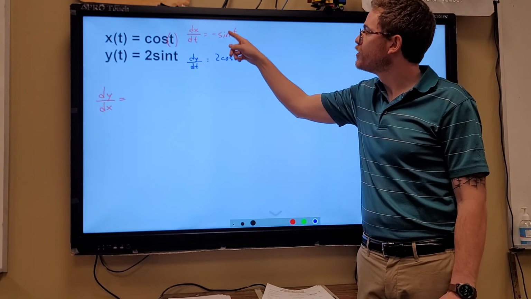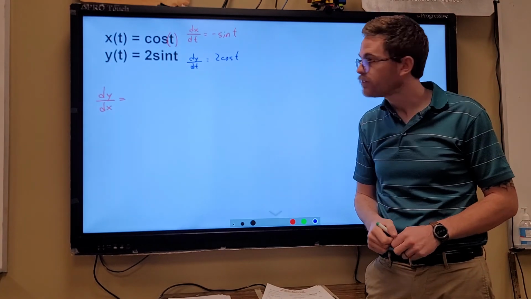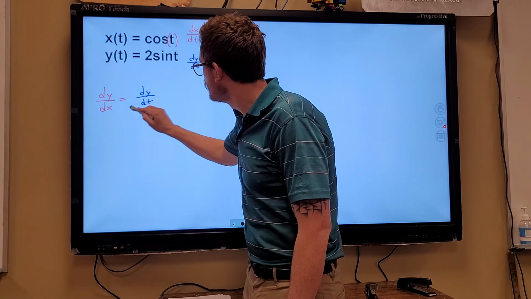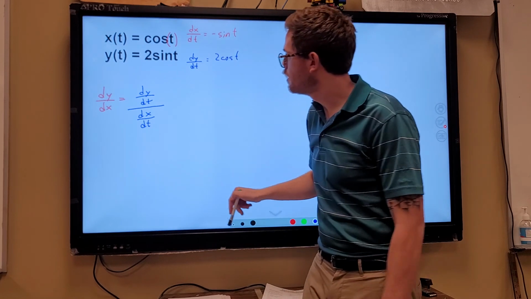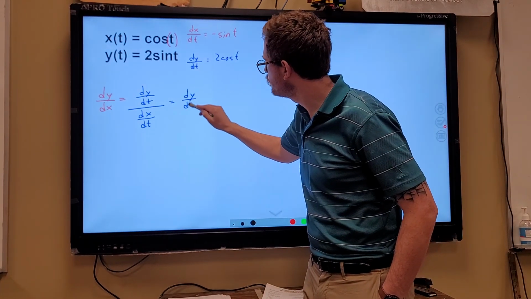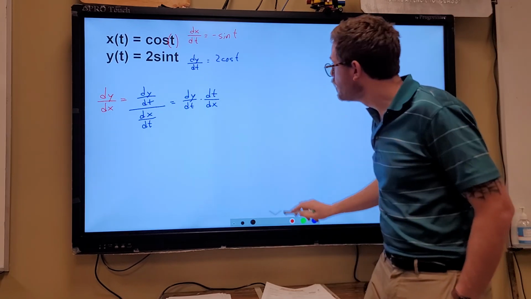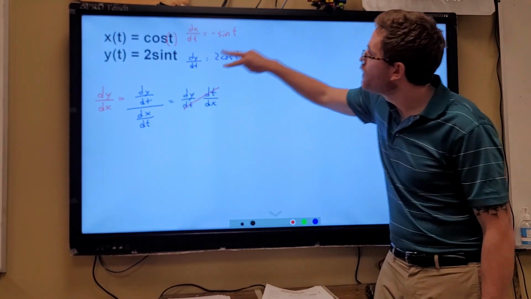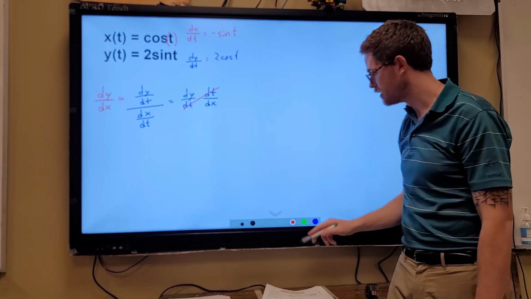So I have dx over dt, I have dy over dt. My goal is to find dy over dx. And if we take dy over dt and divide it by dx over dt, notice if we keep change flip, the dt's are going to cancel out. And so since we found these two things individually, I can now set it up to actually find dy over dx.